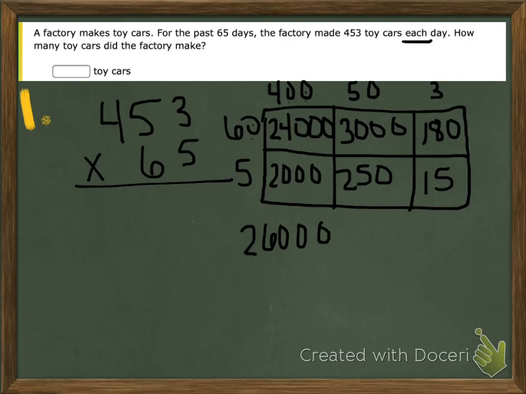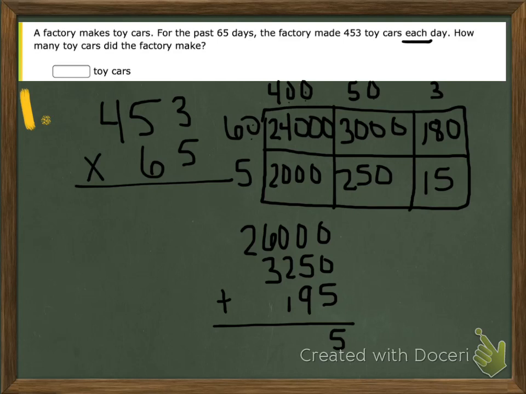I know 3,000 plus 250 is 3,250. And I know 180 plus 15 is 195. Now I'm just going to add that up.